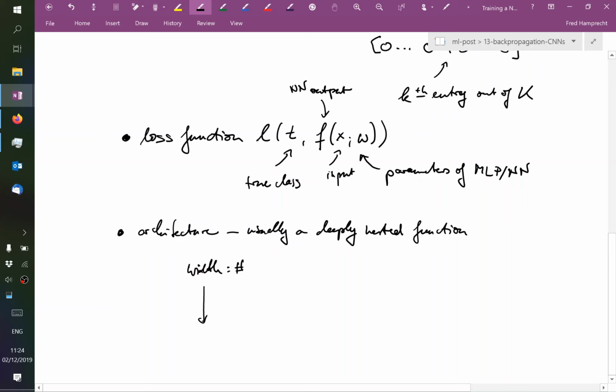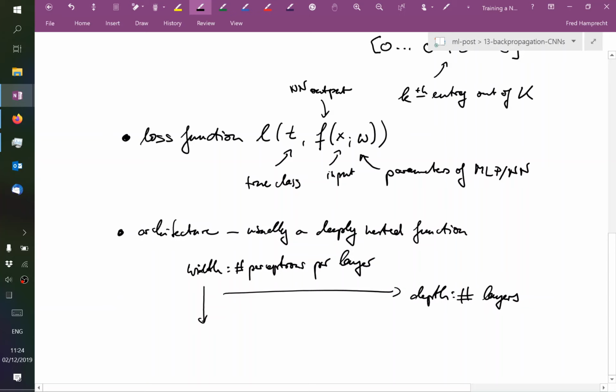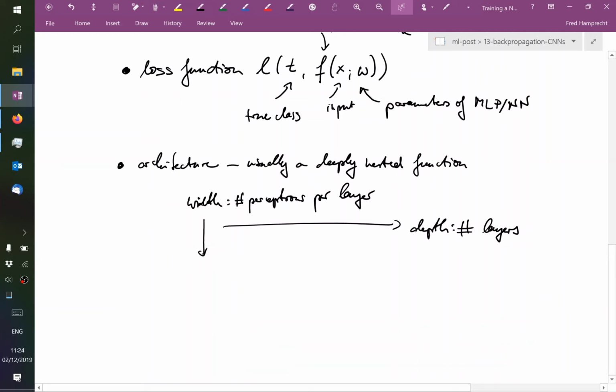This is the number of perceptrons per layer. And then we have the depth. This is the number of layers. And this is a bit simplistic because we can have more complicated architectures where the operations are interwoven in a complicated manner, not to mention recurrent architectures. But for simple ones, this is a useful distinction.